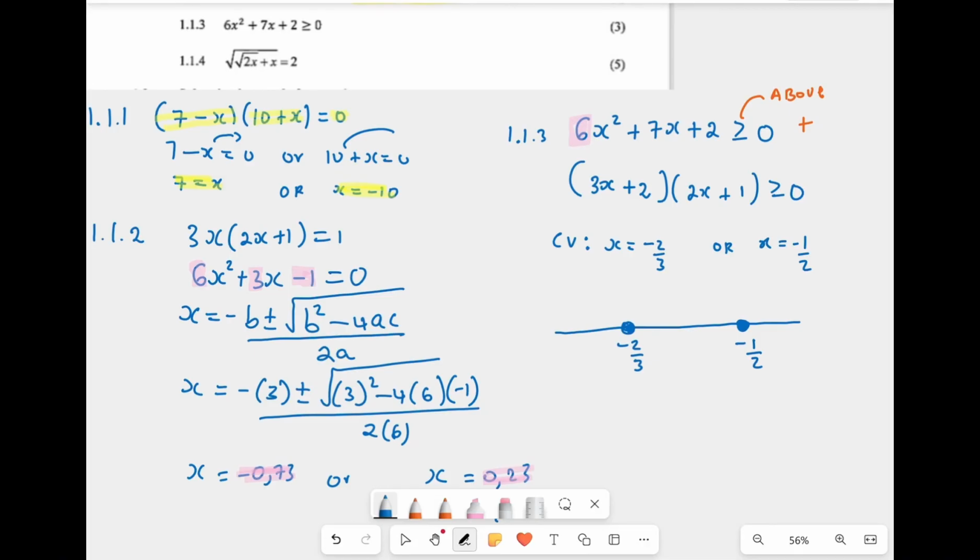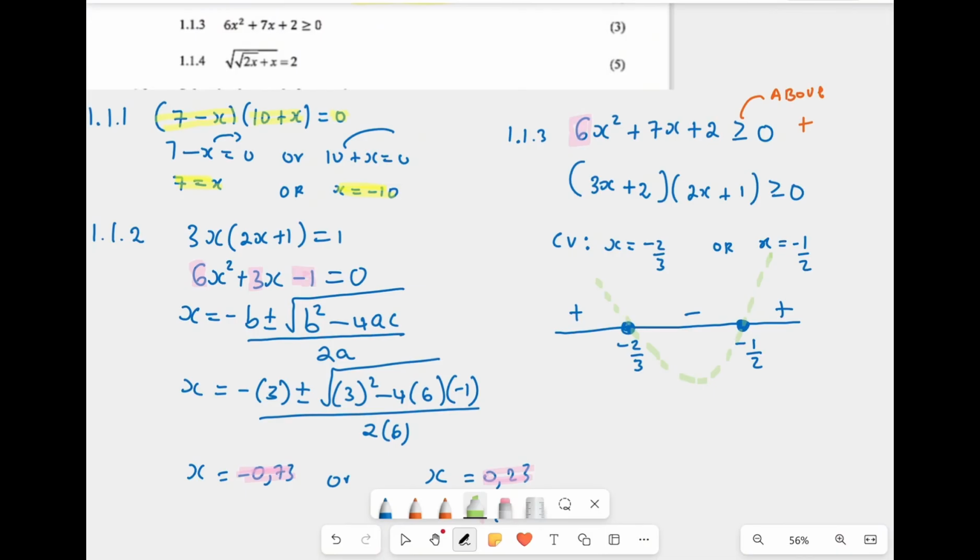And now, the number in front of x squared is positive. So if the coefficient of x squared is positive, we start with positive, negative, then positive. If I were to draw a graph here, it was going to be something like this. So here is your parabola that is concave up.